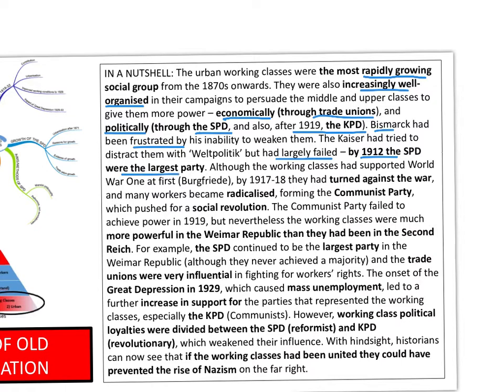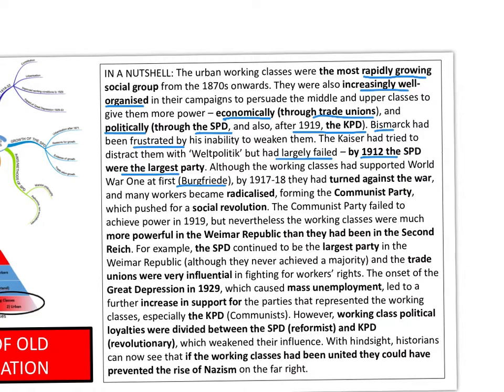Okay. Now, when the war broke out, of course, we've already done about the Burgfrieden of the working classes, led by a fairly moderate SPD, that said, we will support the war because we believe that Germany is under attack, that it is a defensive war.